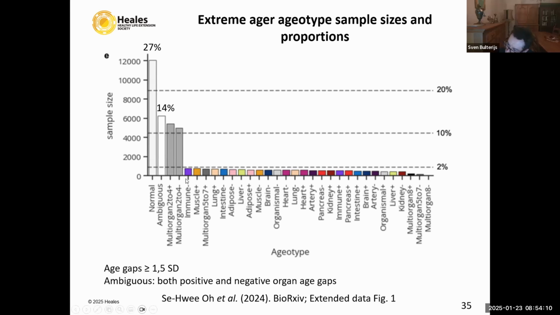Here you can see this is people who have multi-organ aging of 2 to 4 organs. And these are people who have negative, so these are people who in 2 to 4 organs are less aged than average. And you can see that's over 10% of the population, and then all the rest is below 2%.